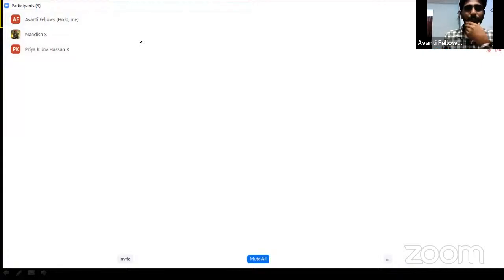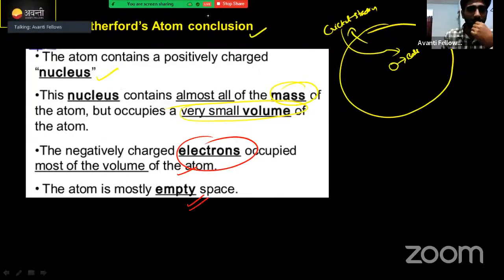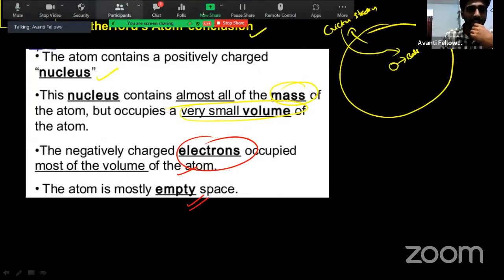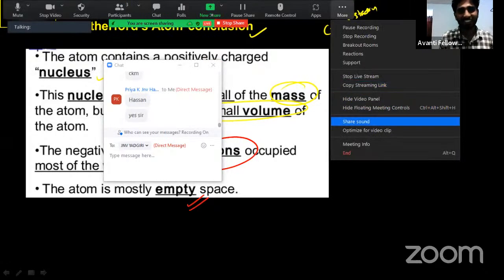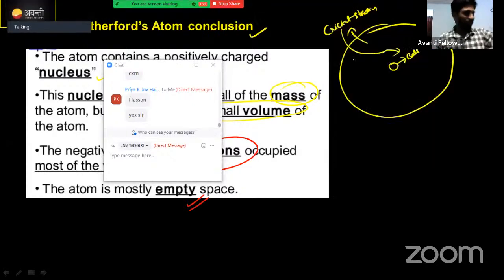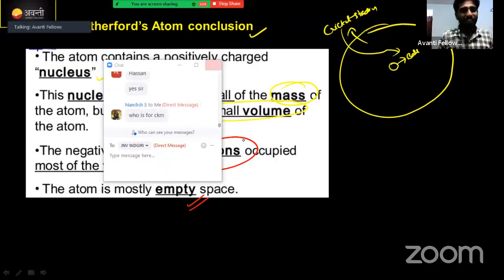Nandish, which school are you from? Priya also, which school are you both from? I think she seems to be Hassan. Chikmagalur. Yes. Hassan, Vishal sir, Yashaswini, and then someone with, yeah, I got it. Okay guys, we'll meet in the next class. Nandish, who is from Chikmagalur?